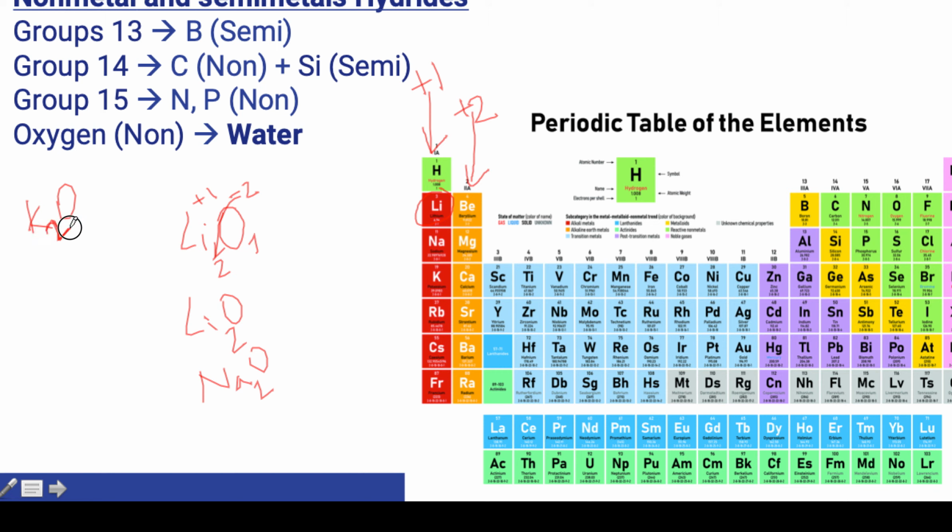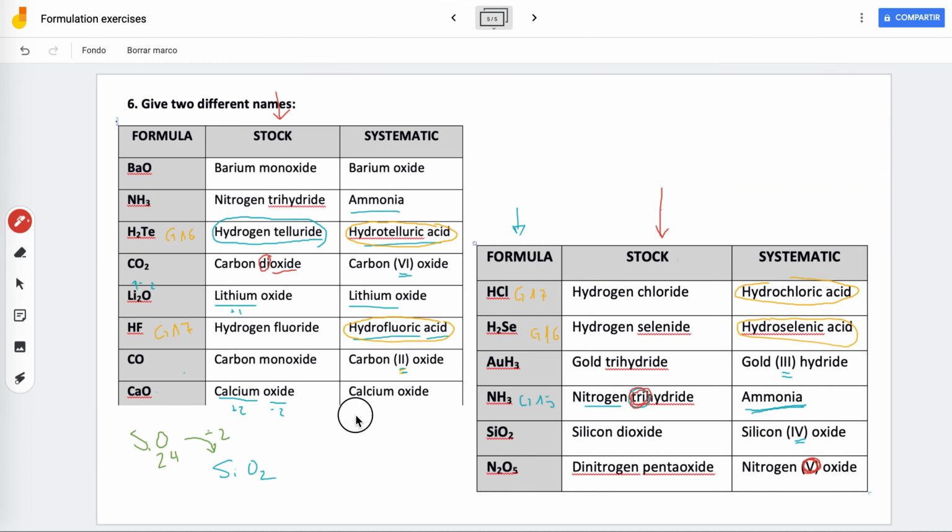Saying dilithium oxide, disodium oxide is not correct, because if you only have one possible oxidation number, you don't need to say it, okay? So I hope you understood.